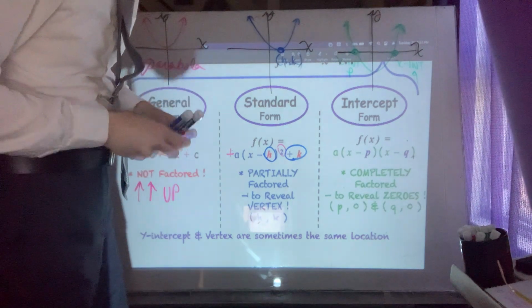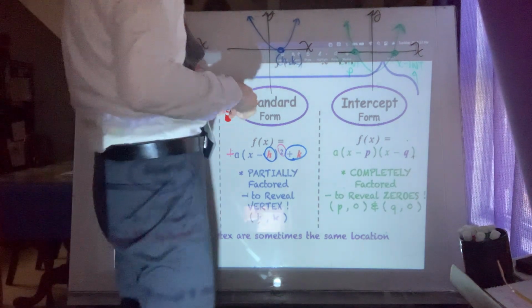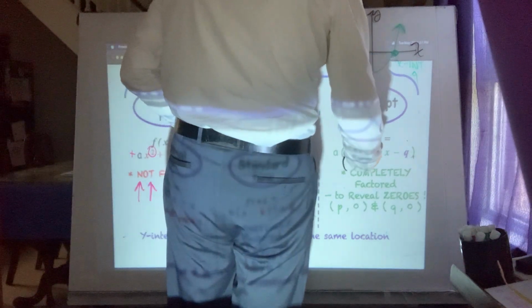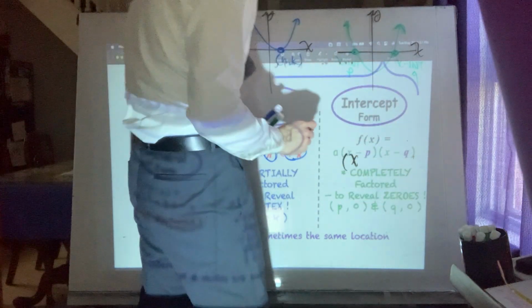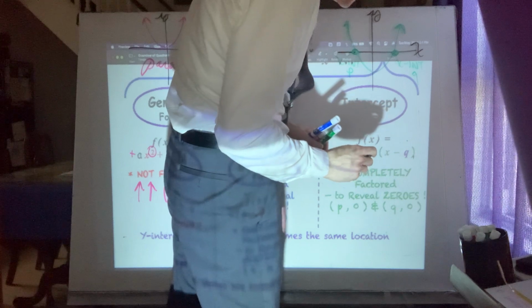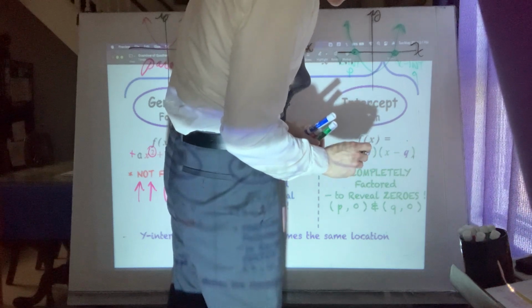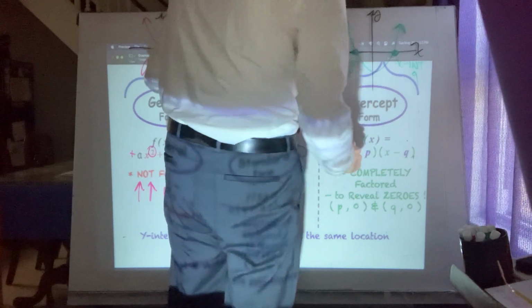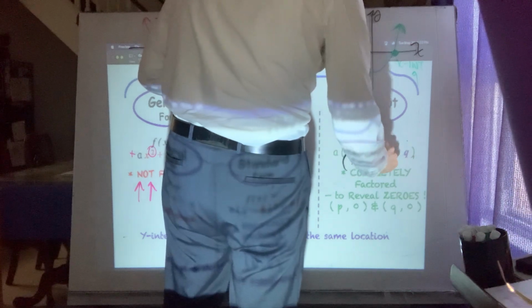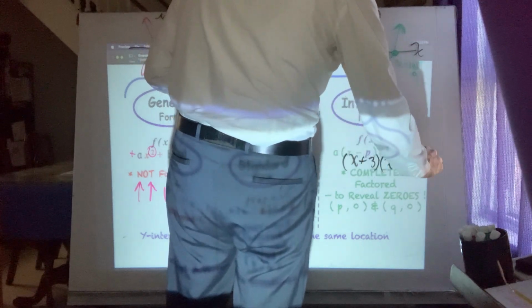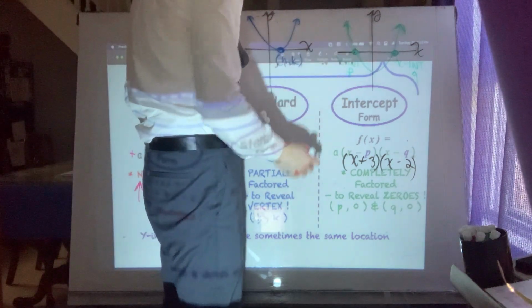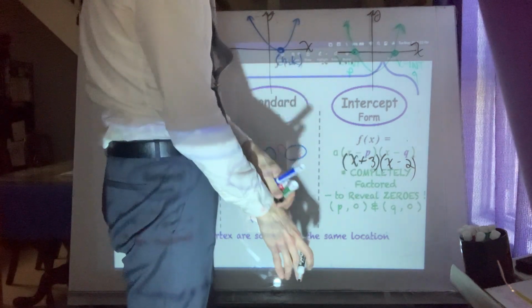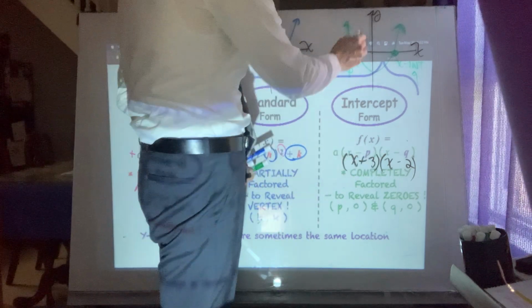Hypothetically, if you had, say, something like this, x plus 3, and x minus 2. One of these would be, if it's a positive 3, it would be like a negative 3.